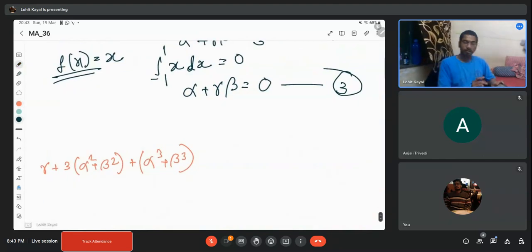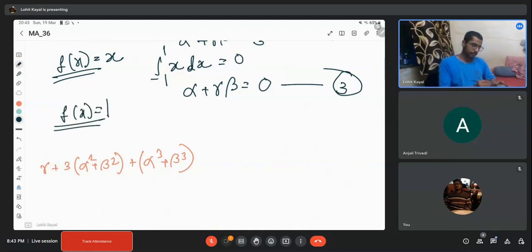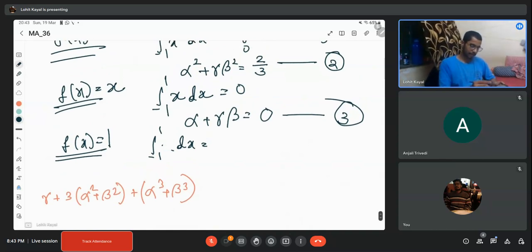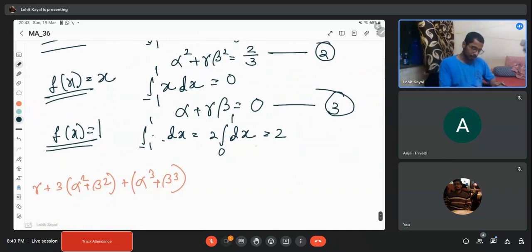Now I also have one more piece of information. This is true for all polynomials of degree less than or equal to 3. That means it will be true for degree 0 as well. So when f(x) equals 1, the integral from minus 1 to 1 of dx is 2 times the integral from 0 to 1 of dx, which is equal to 2, and it will be equal to 1 plus gamma, because f(alpha) is 1 and f(beta) is also 1, a constant.